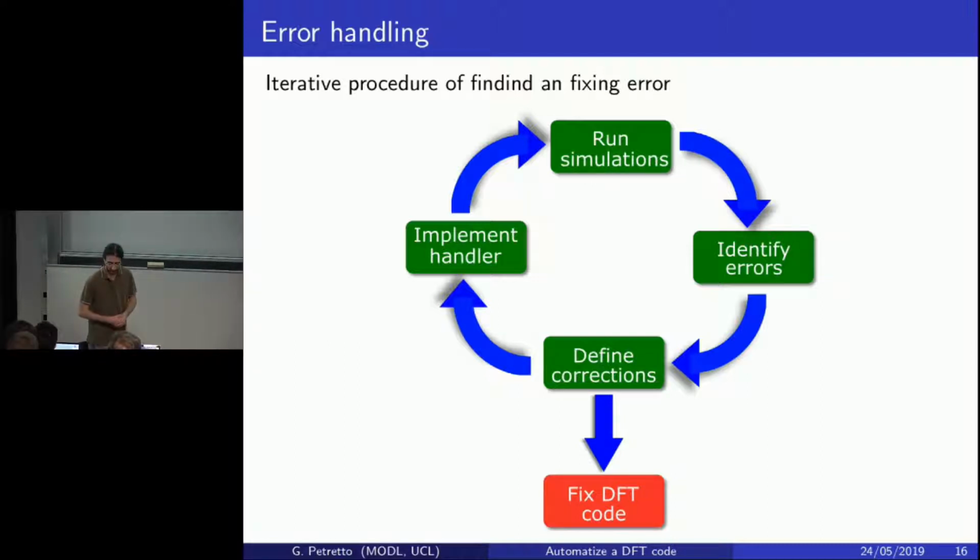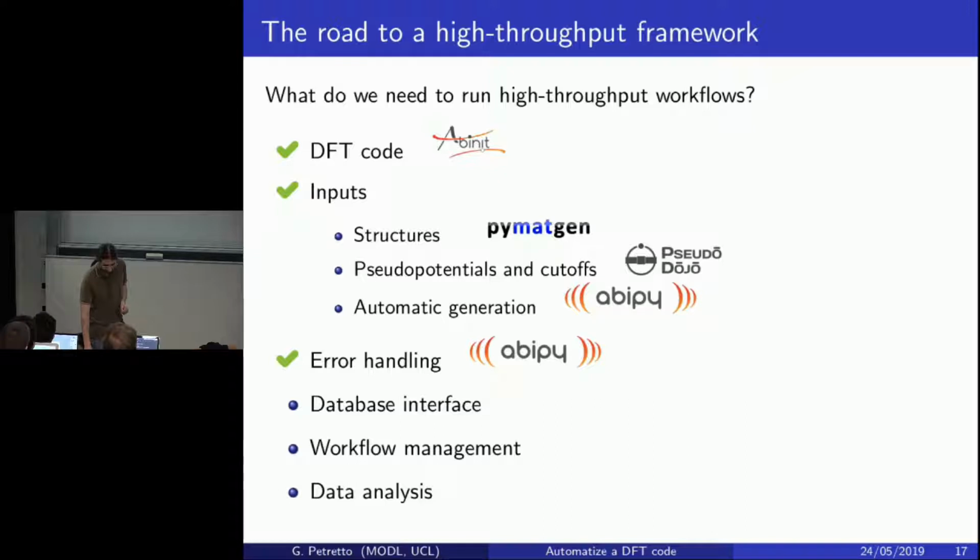So this is a double advantage that you have from running and being in this process of trying to find automated corrections. So this is for the handling.